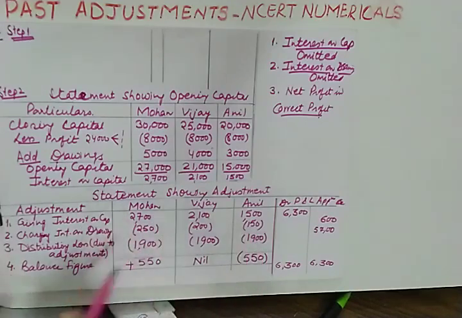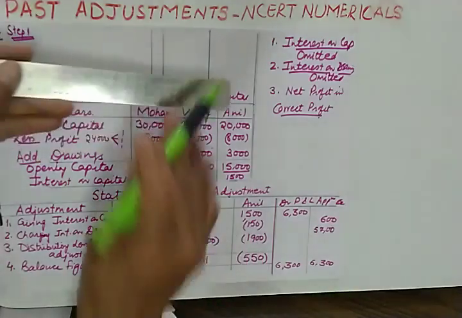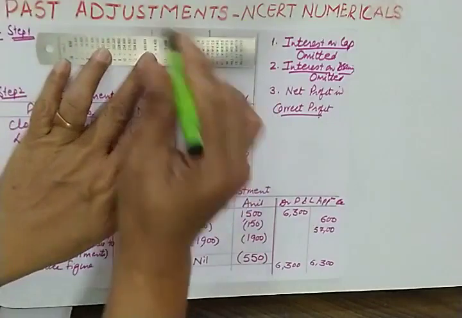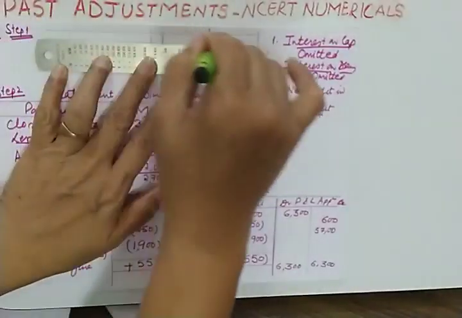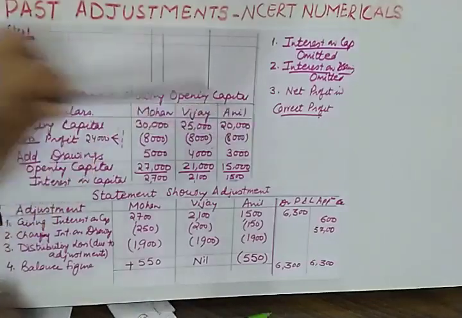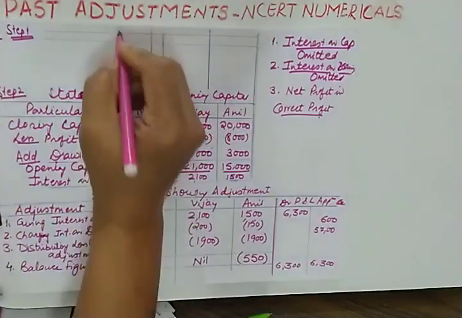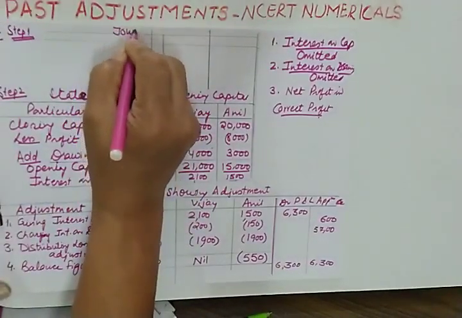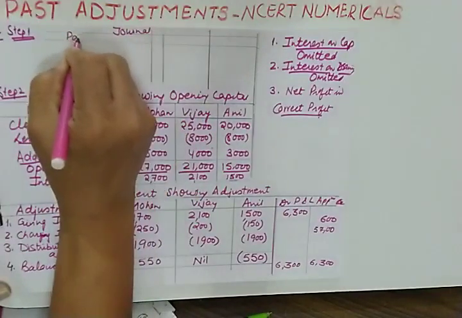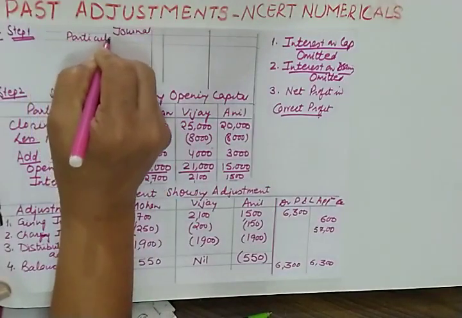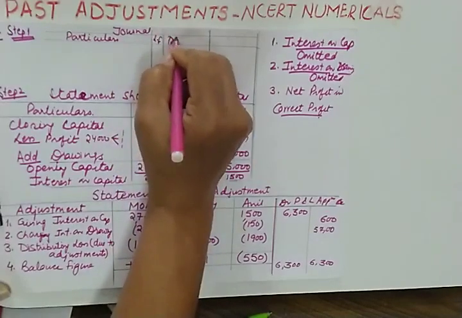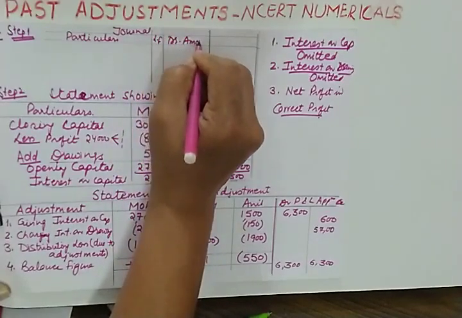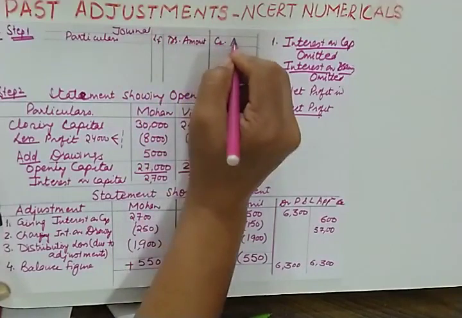So let us frame the journal entry. You will write journal, particular, same format which we were doing in 11th standard, debit amount, credit amount.